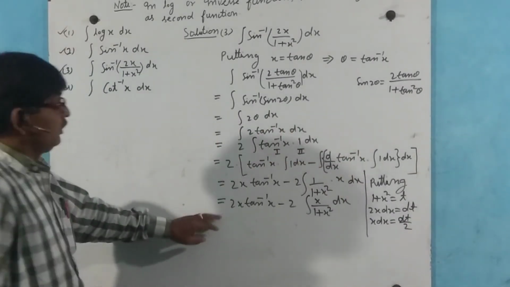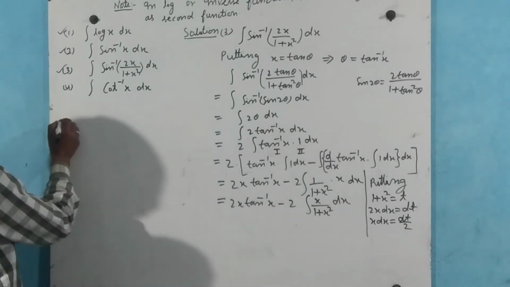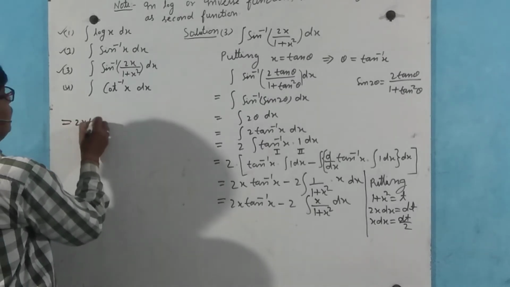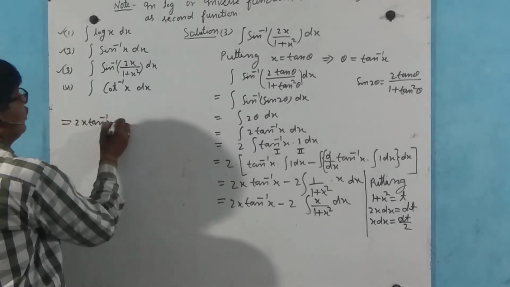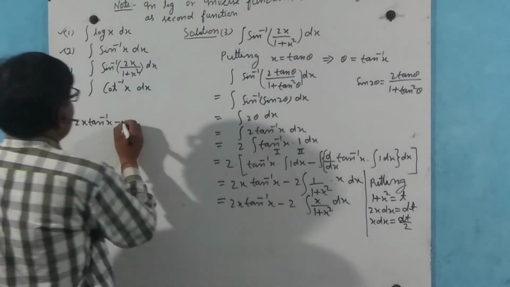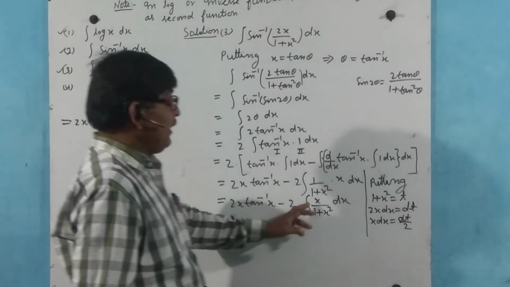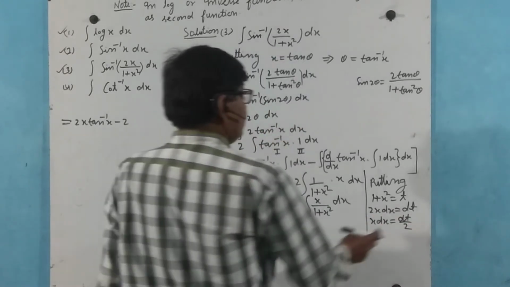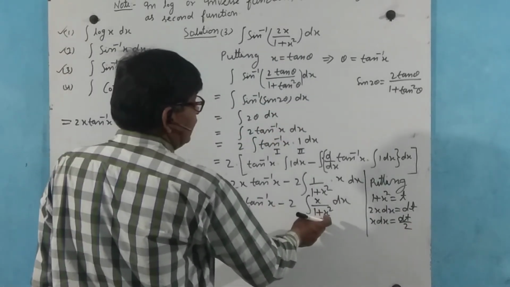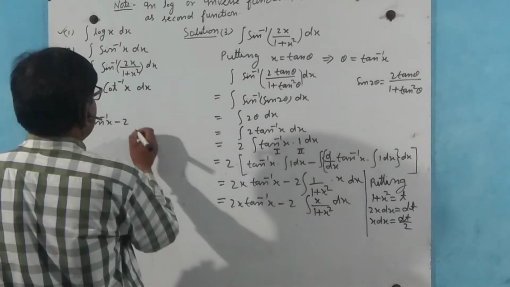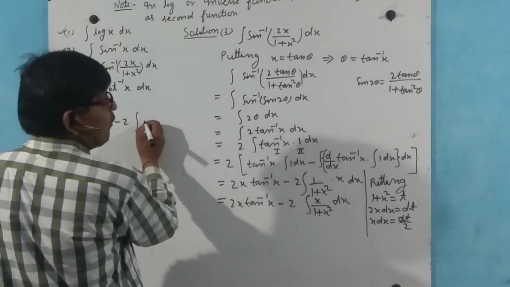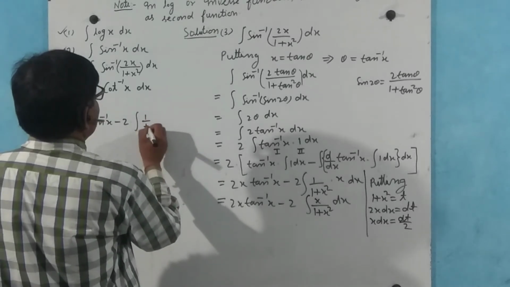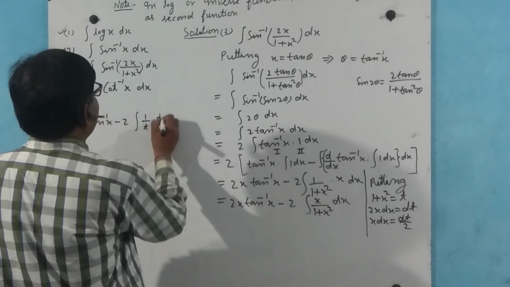So this integration becomes: 2x tan inverse x minus 2, x dx equal to dt by 2, and this is t, so integration of 1 by t and dt by 2.